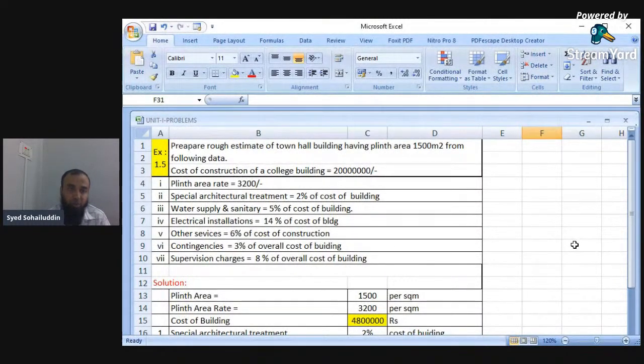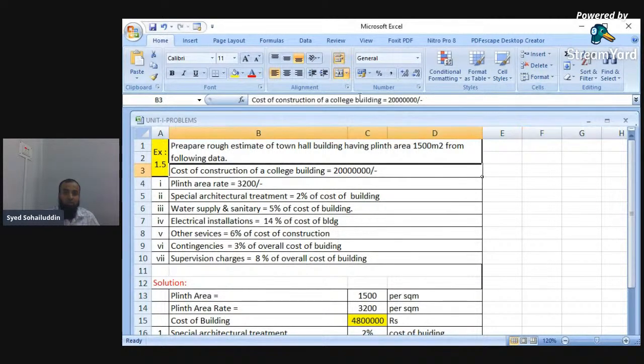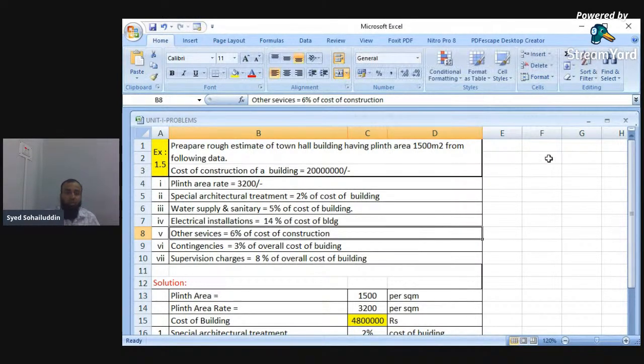We have to prepare a rough or approximate estimate, or preliminary estimate, of a town hall building having a plinth area of 1,500 meters square from the following data. So first, the cost of construction of a building is given. It is not a college building, but it is a town hall.